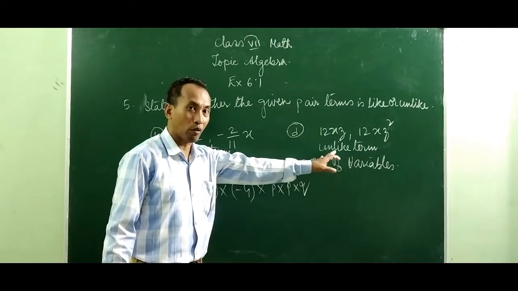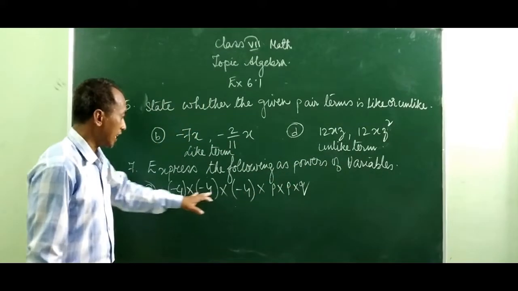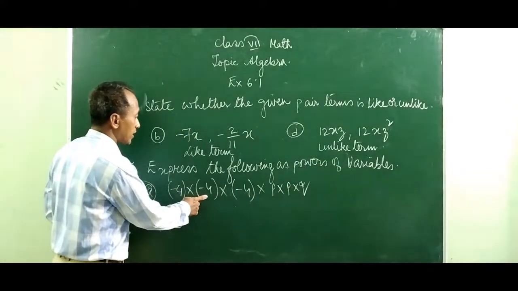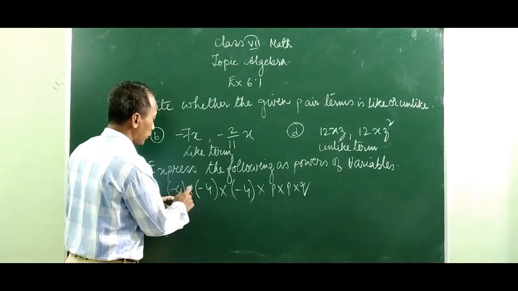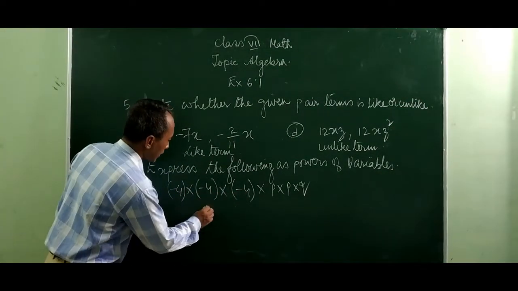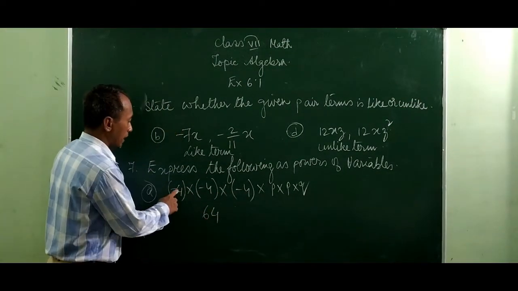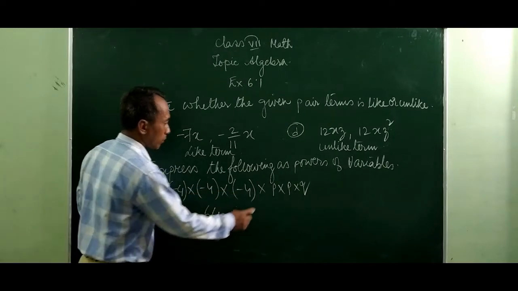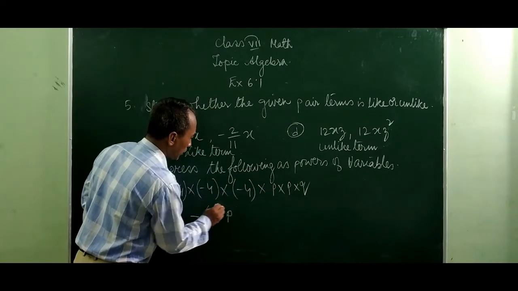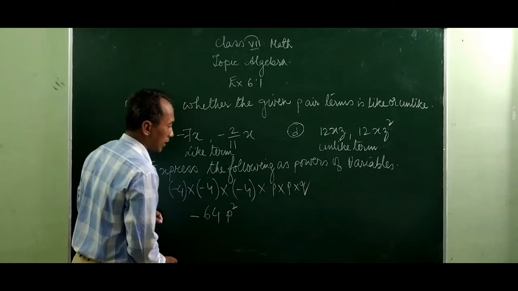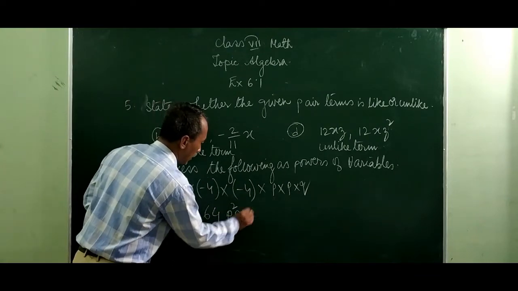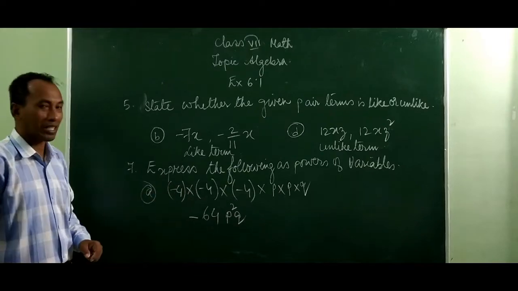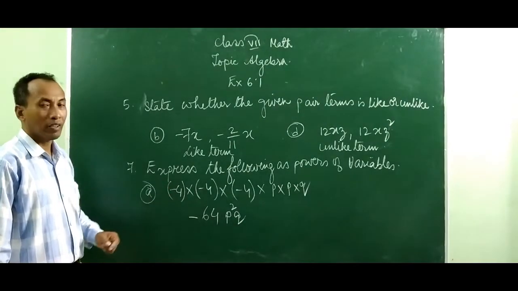You have to express only the variables, not the constant. So 4 into 4 is 16. 16 into 4 is 64. Minus into minus is plus. Plus into minus is minus. So p into p, you have to express in the form of exponent p squared, and q. So this is how you express the powers of the variables.